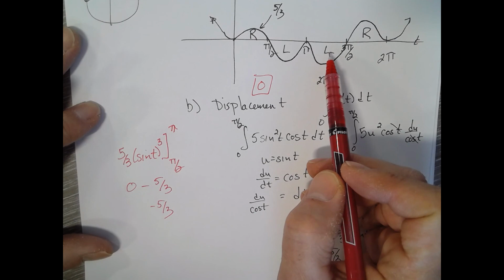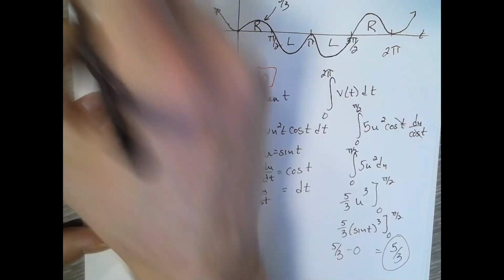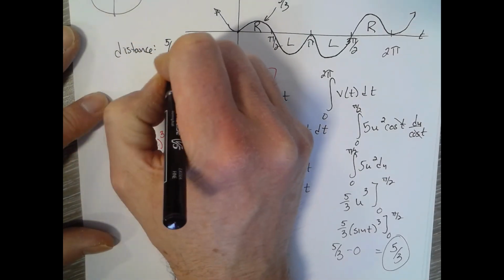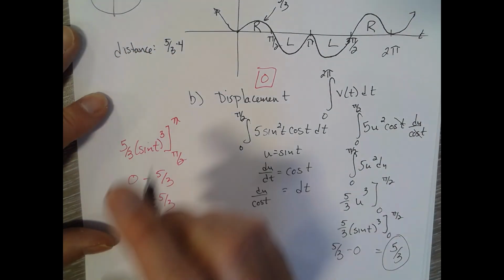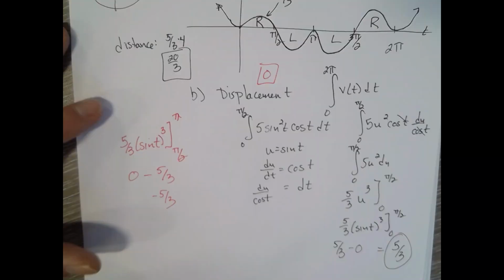So it does move. The total distance would be 5/3 times 4, so it'd be 20/3 units, whatever our unit is. That's our distance from 0 to 2 pi.